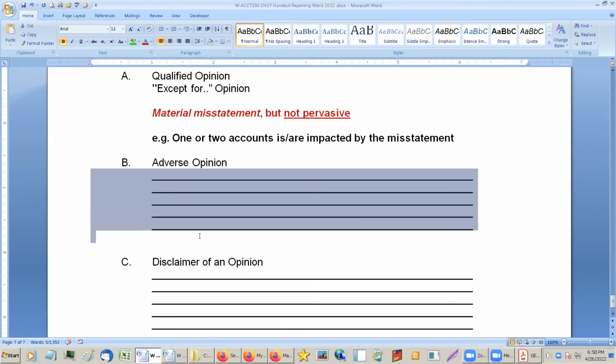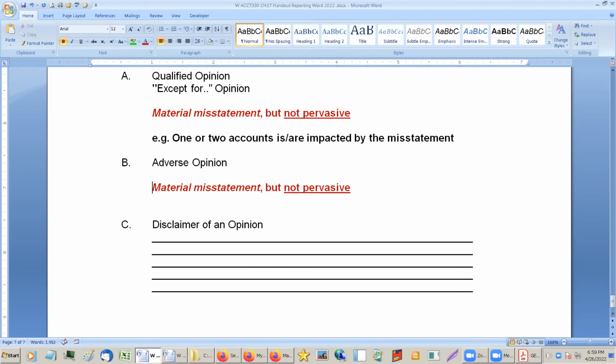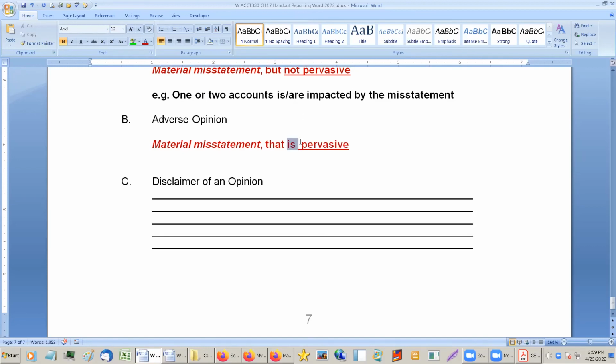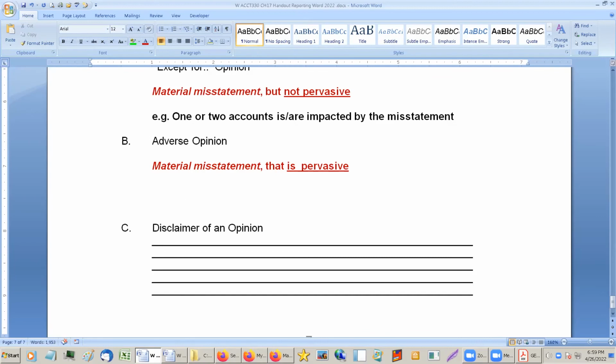Adverse opinion. You have a misstatement that is pervasive. They're not GAAP.